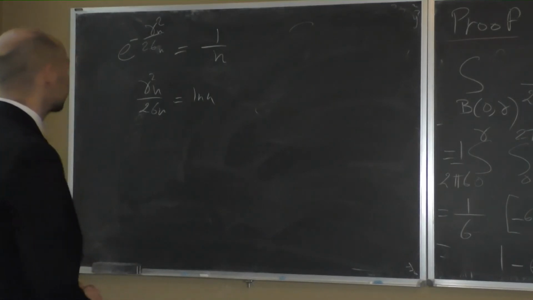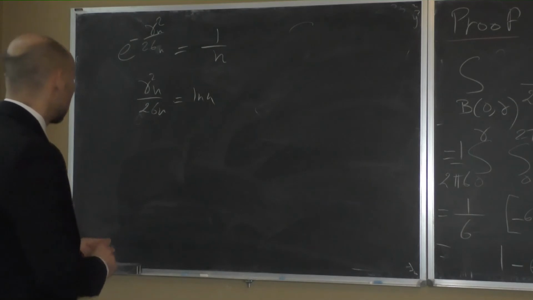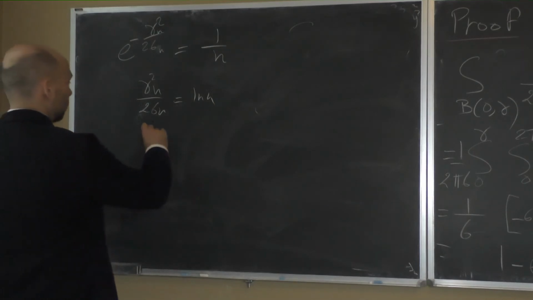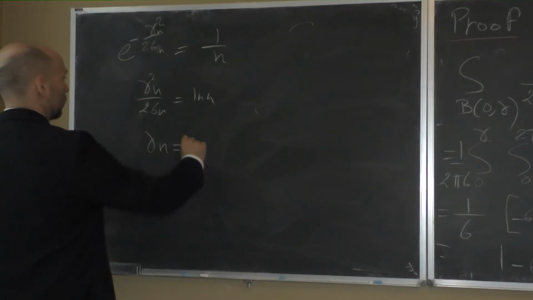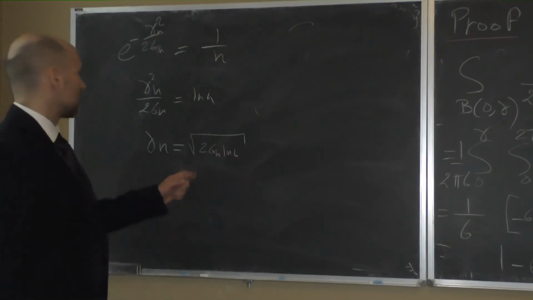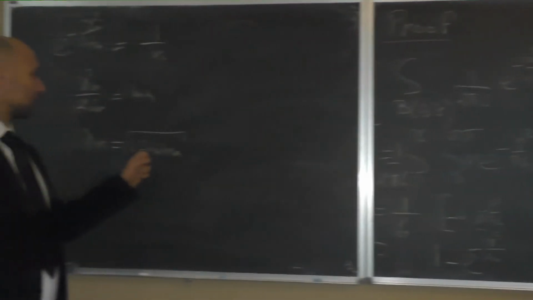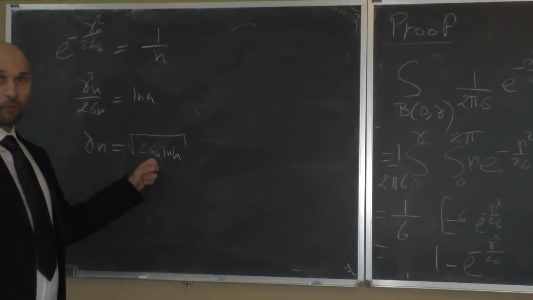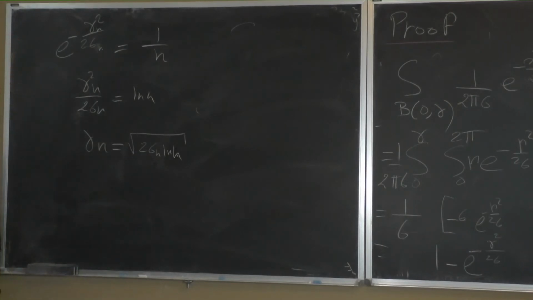Then we obtain that, all right, meaning that my gamma n will be equal to, since I have assumed that my sigma n is going to 0 with the speed of 1 over n, this is going to 0.